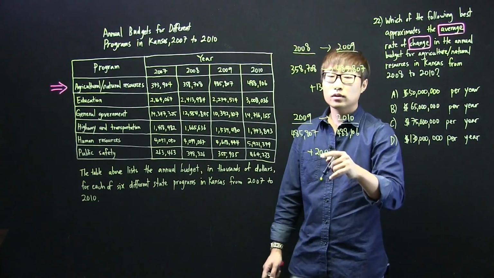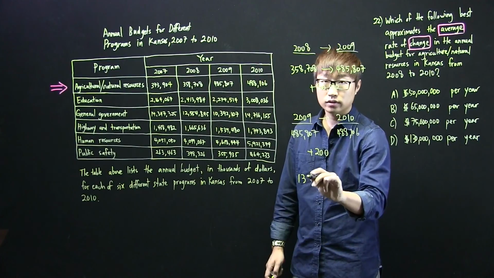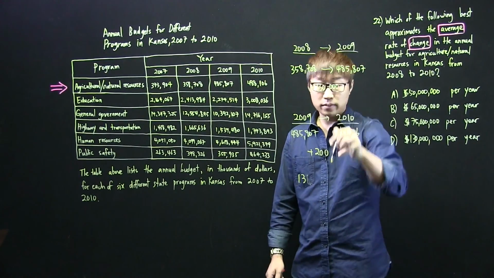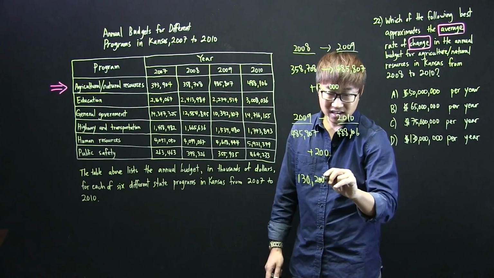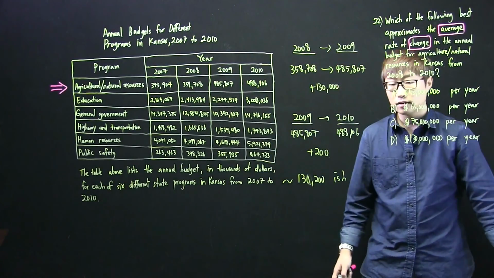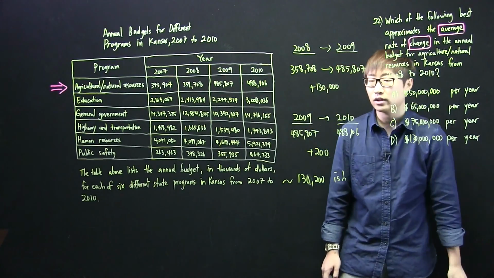Close enough. So the total change was both of these combined, so 130,000 and 200-ish, right? I'm just approximating because I'm not currently using a calculator, but you guys can go ahead and calculate the exact number. Just punch it into your calculator, right?